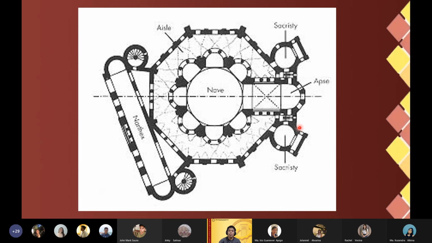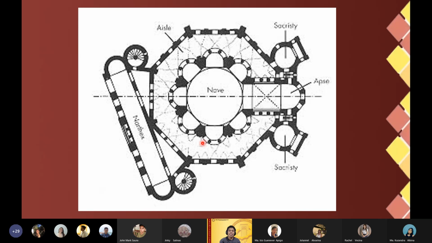Those valuable things they have to store in the sacristy. So again, it's the same parts of the church: narthex, nave, aisle, transept or bema, apse, altar, baldacchino. Those terms can also be included in your sketches.